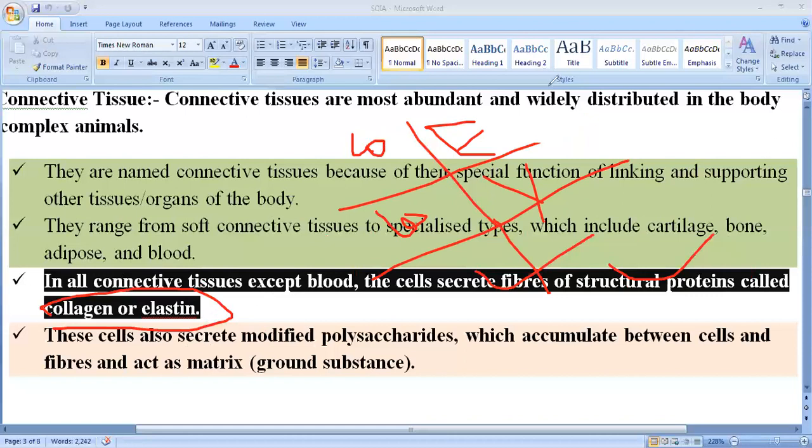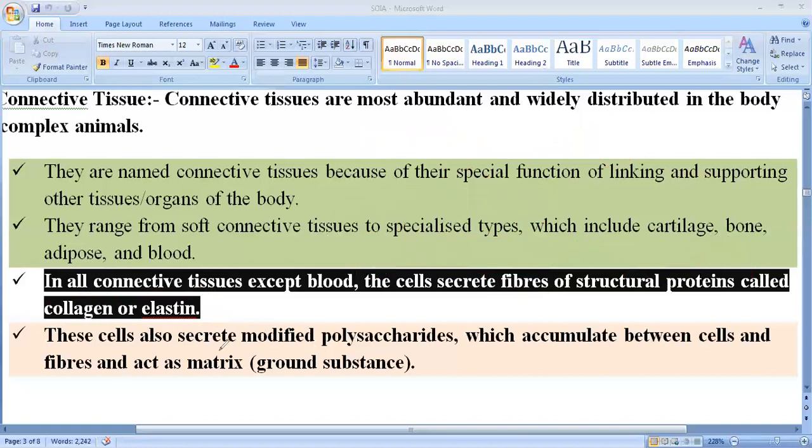Next point you can see here, these cells also secrete modified polysaccharide. What is the meaning of modified polysaccharide? It means they have the protein, and these proteins have some polysaccharide components where modification takes place.